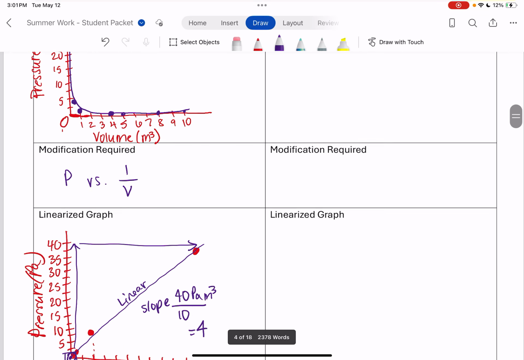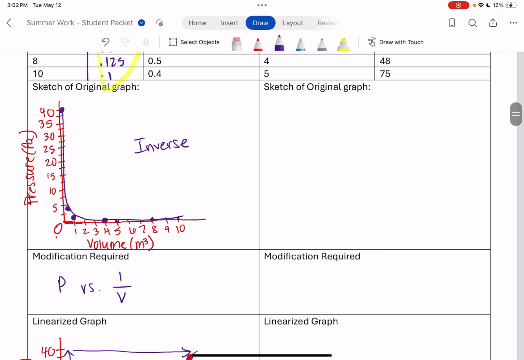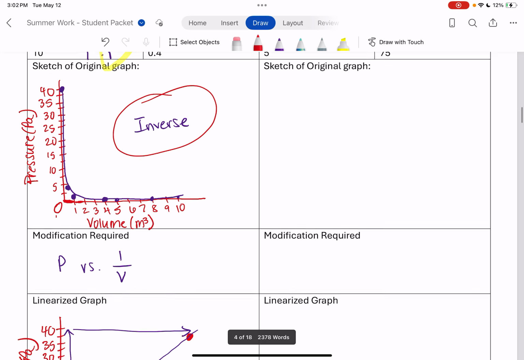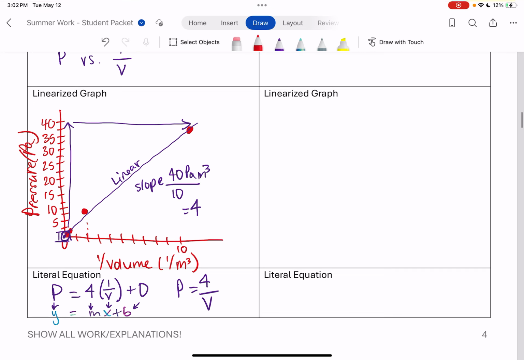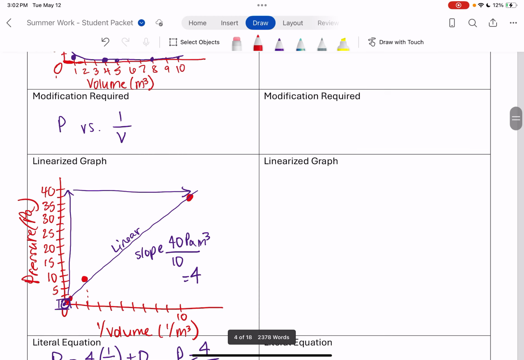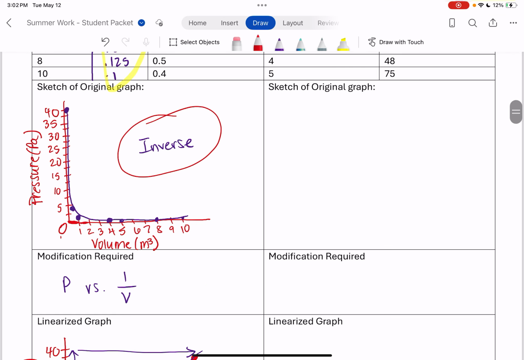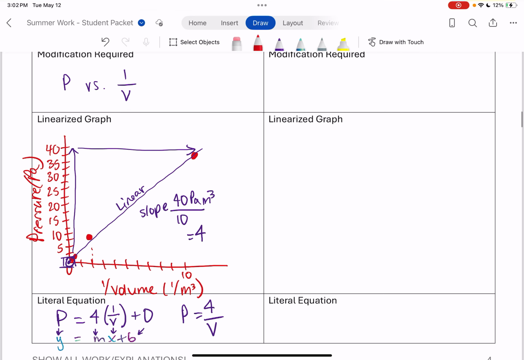So that shows you how you can go from an inverse relationship, a picture that I really don't have an equation for. I don't have a perfect way to model it. So to make an equation, we make it linear. Because being an inverse proportion means that y is proportional to the inverse of our variable.